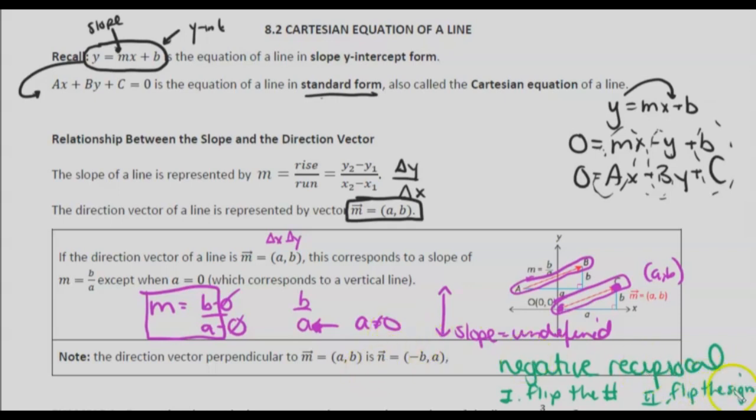So if it's positive, now it's negative, and if negative, it's positive. You only flip one sign when it's in this direction vector form, because if this is b over a, then this one is going to be negative a over b. So this number has to be negative. We only flip the sign of one of those numbers.